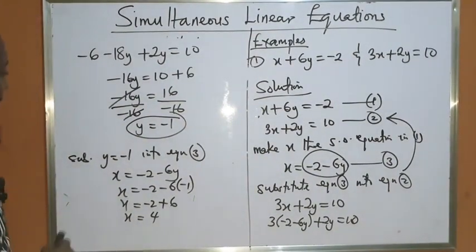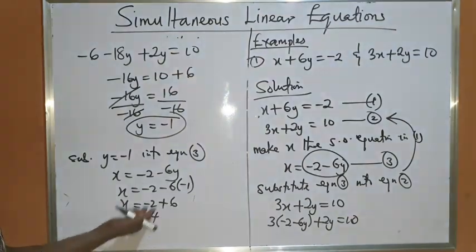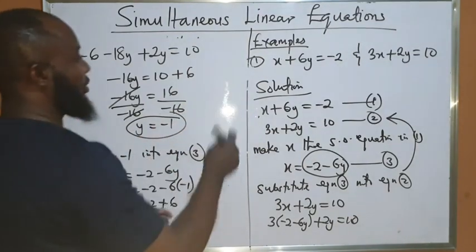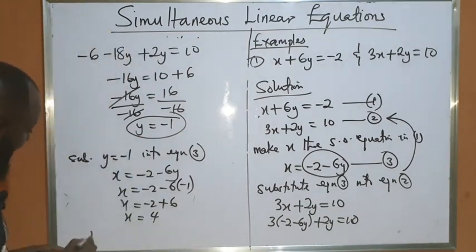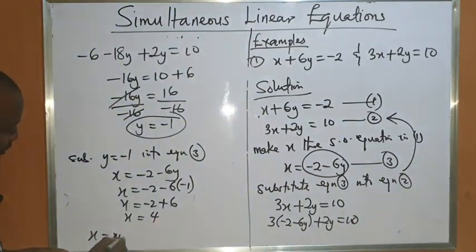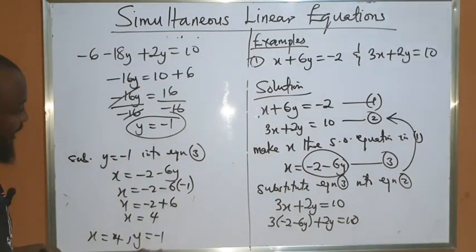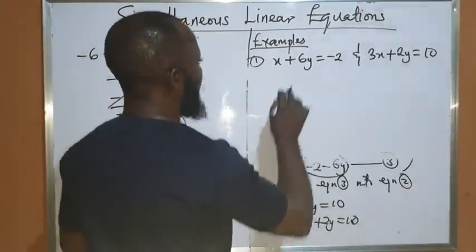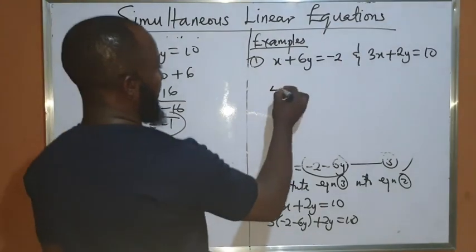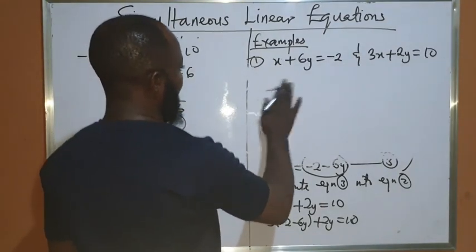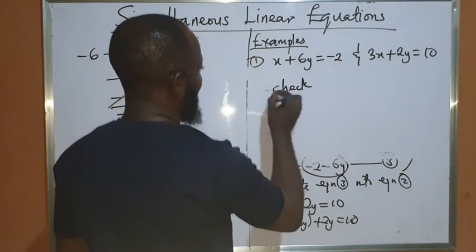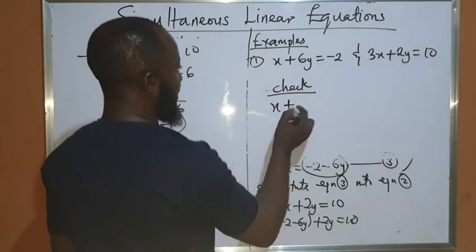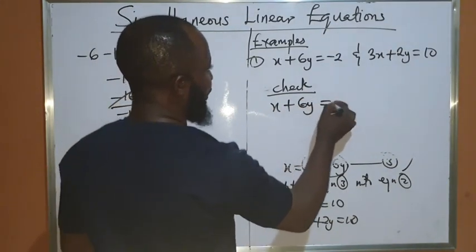We now know the value of x and the value of y, so what next is to check if the values are correct. So x is equal to 4 and y equals minus 1. I want to use equation 1 to check: x plus 6y must be equal to minus 2.